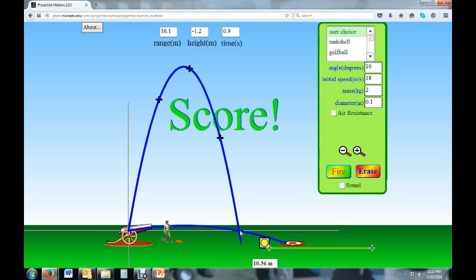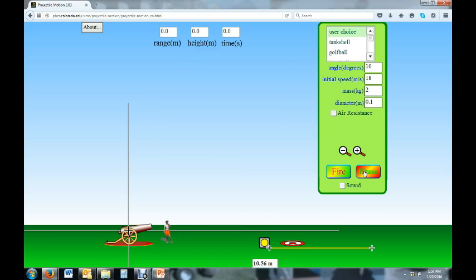Right? So for angles that are symmetric about 90 degrees, or around 45 degrees, they go the same distance, assuming we can ignore air resistance. So let's just erase these two and do another set, just because.